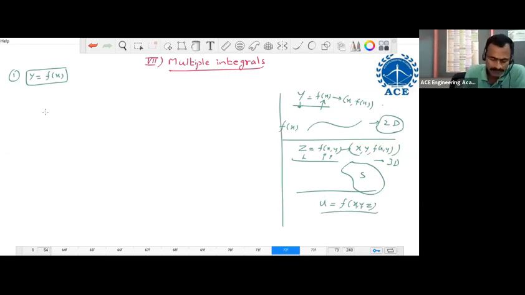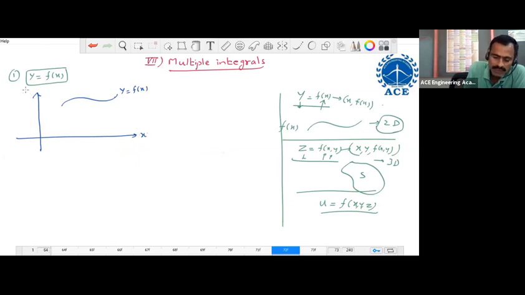Here, y equal to f of x is a function of x in 2D space.